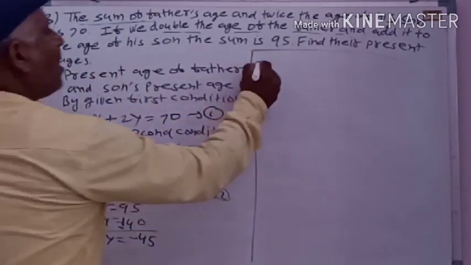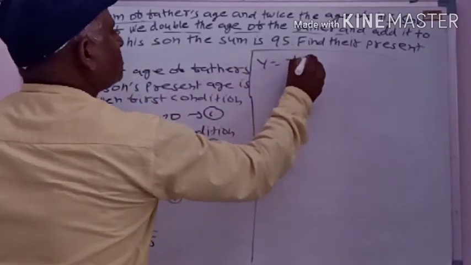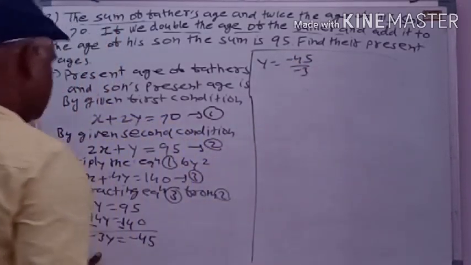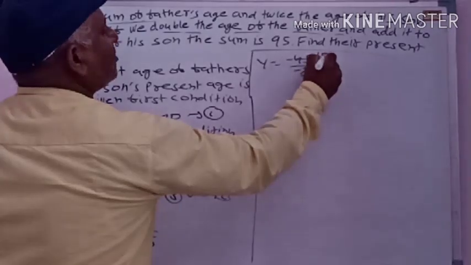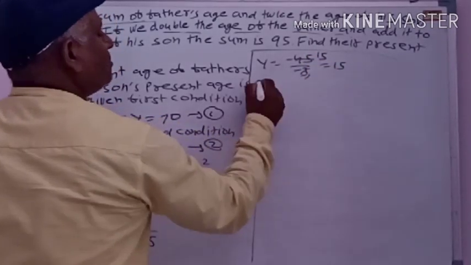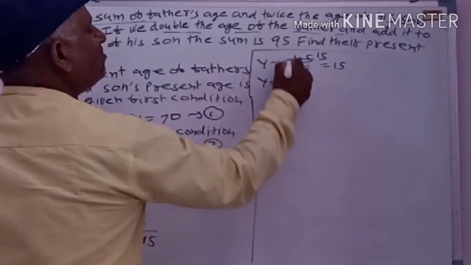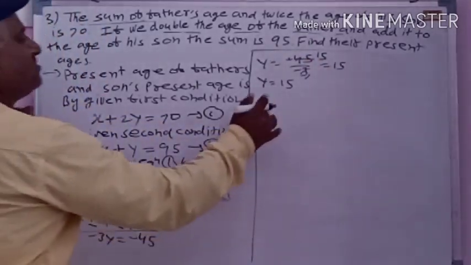Therefore, y is equal to minus 45 upon minus 3. 3 ones are 3, 3 fives are 15. So y is equal to 15, minus minus plus.